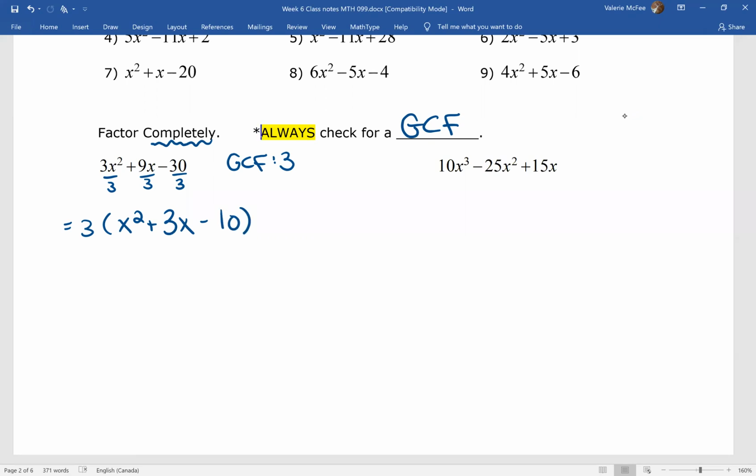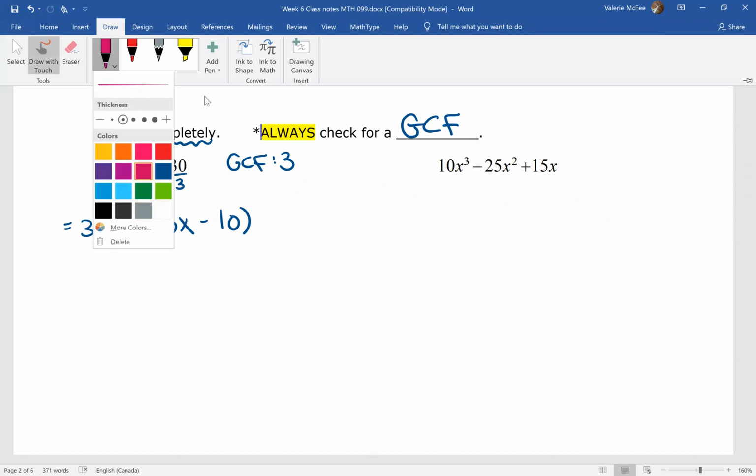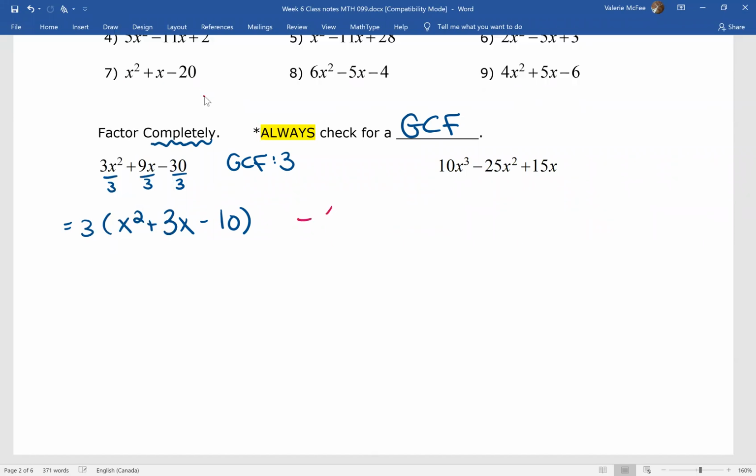Now in the brackets, we have a quadratic trinomial. So we have to think about those steps we were just using. A times C and B. Well, we know we're going to use 2 and 5, and the 2 needs to be negative.